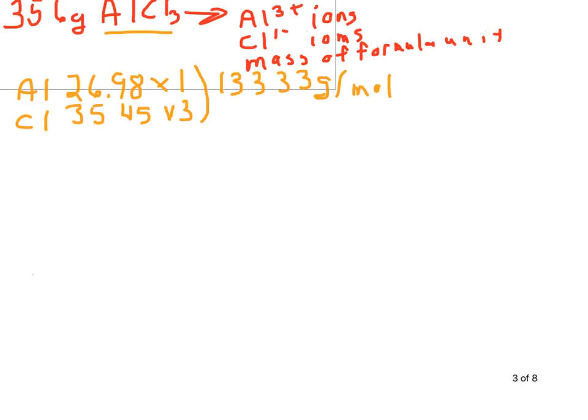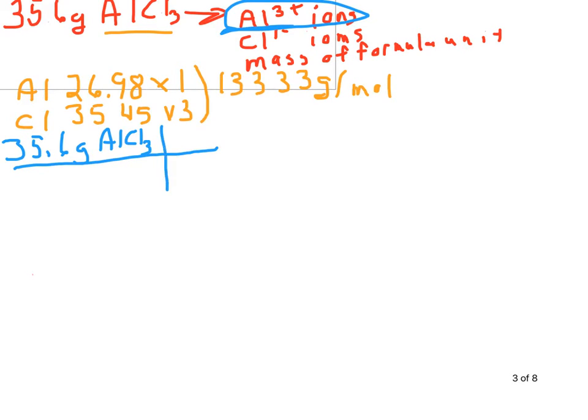Then we do one of the parts out. We'll start by finding the number of aluminum ions. So we start with 35.6 grams of aluminum chloride.